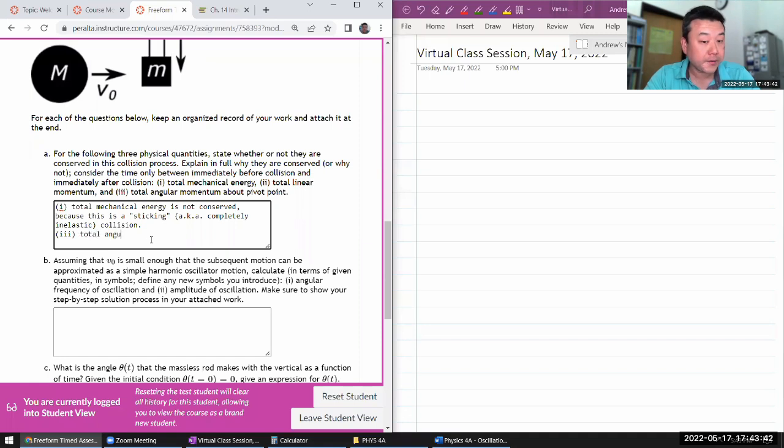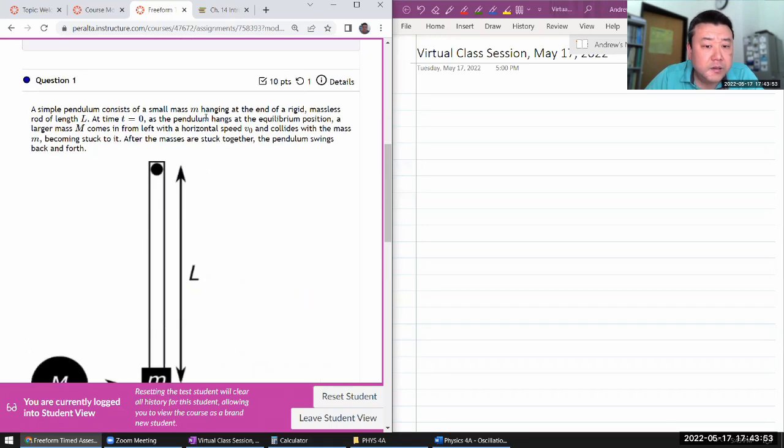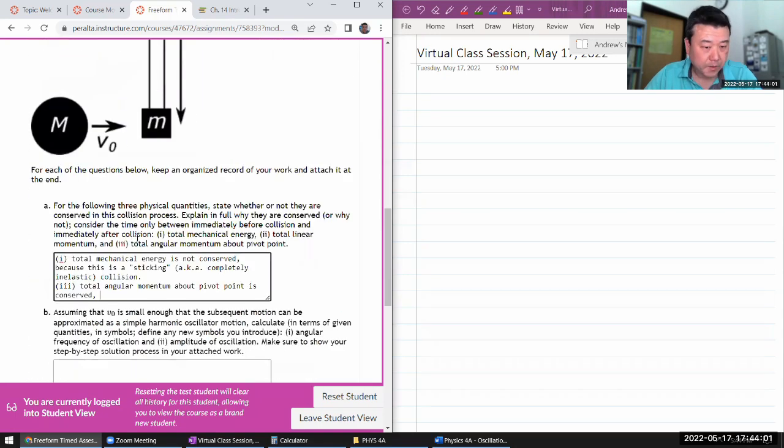So total angular momentum about the pivot point is conserved, I think. Let me see here. Okay, I'll say this is conserved if the friction at the pivot is negligible.